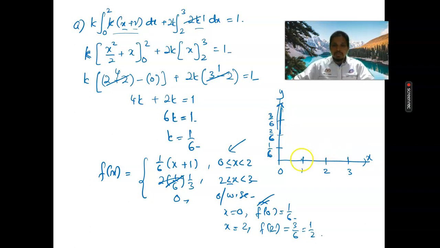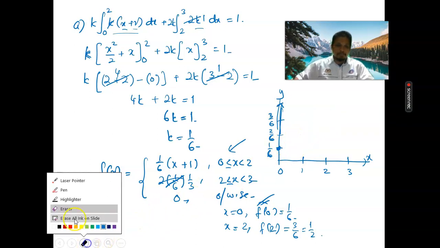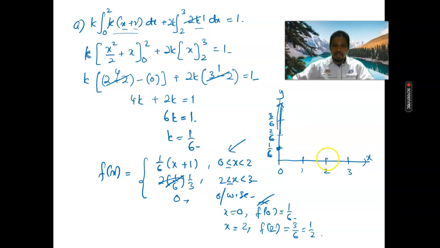So when x equal to 0, it is 1 over 6. And when x equal to 2, the value is 1 over 2, or 3 over 6. Okay, when x equal to 2, it is 3 over 6 here.